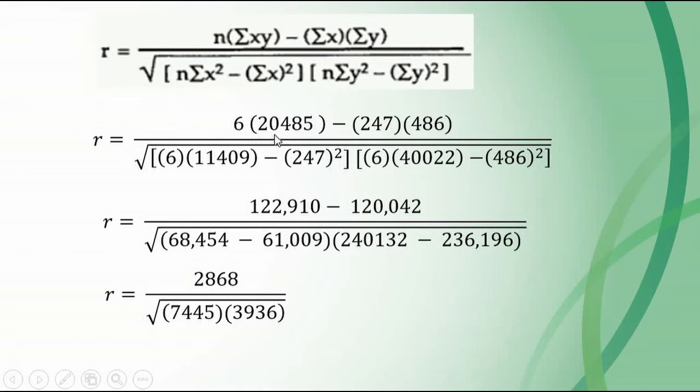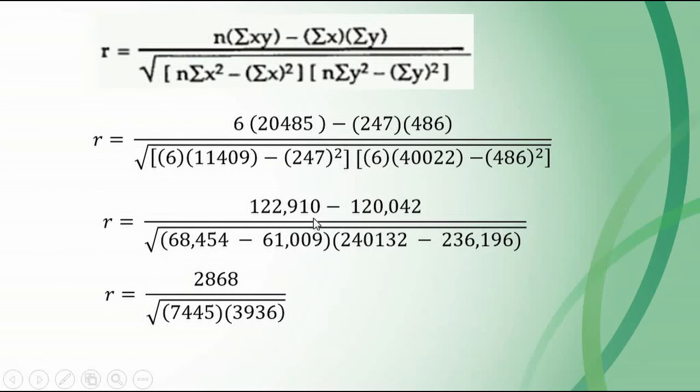So r is equal to 6 times 20,485 minus 247 times 486, over the square root of 6 times 11,409 minus the square of 247, multiplied by 6 times 40,022 minus the square of 486.